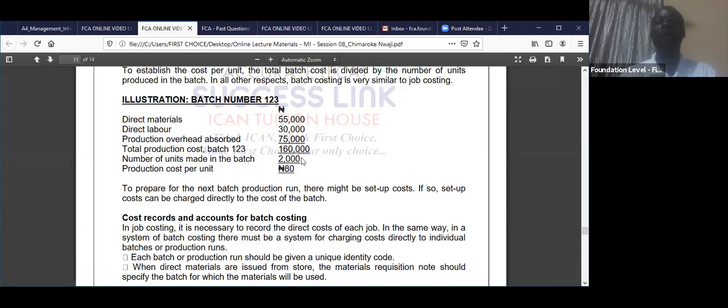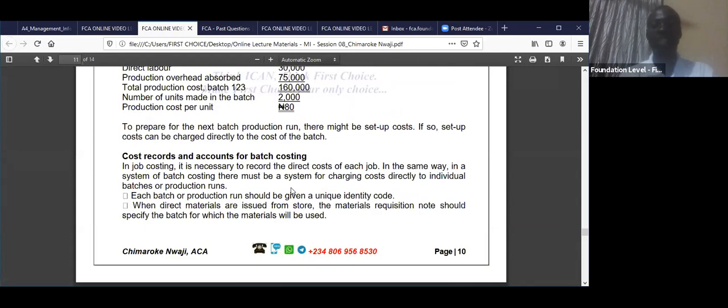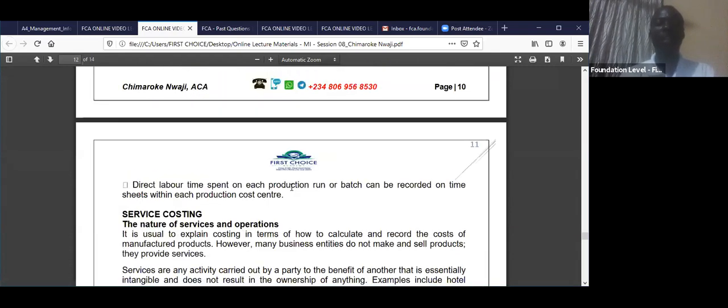Sometimes the number of units per batch may be constant, sometimes it may not be. If it is constant, then fine. You can use the batch production cost to plan. You can also use the per unit cost to plan. But if it is not constant, then you may have to do this work for every batch that you do. And that's batch costing, which is similar to job costing.